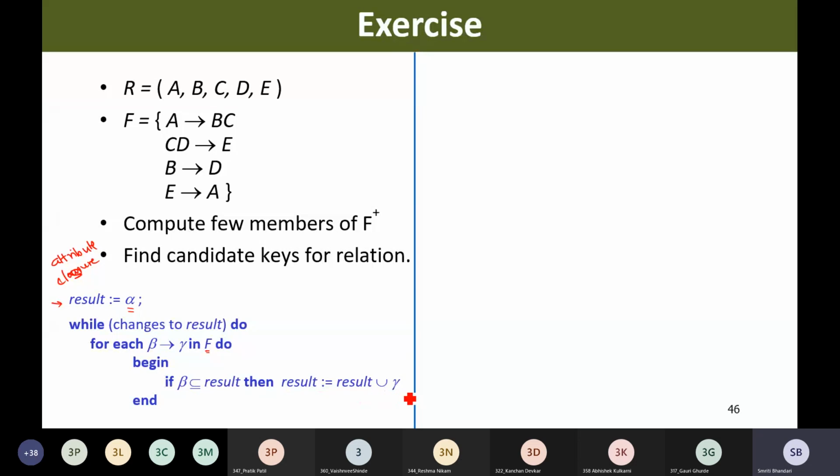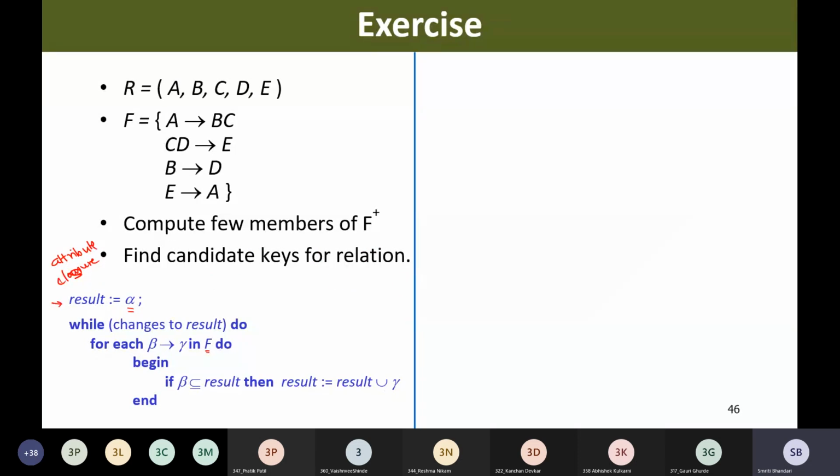This is our algorithm to compute the attribute closure. Now we are going to use it to find both the members of F plus and the candidate keys for the relation.